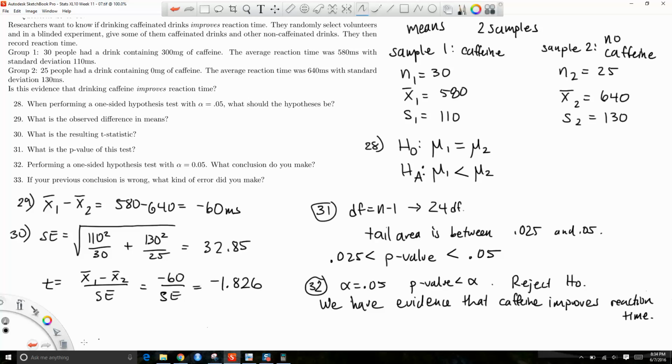Okay, and then lastly, 33, if that mistake to reject the null hypothesis was wrong, what kind of mistake is that? Type 1 error.